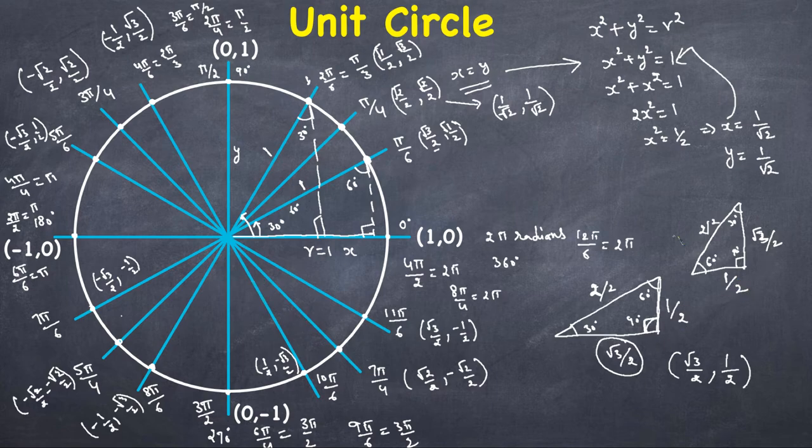Now see, this length over here is basically the x value, and which is 1/2. So x value is going to be 1/2, and this vertical length is root 3 over 2, which gives you the y value, this dotted line over here.